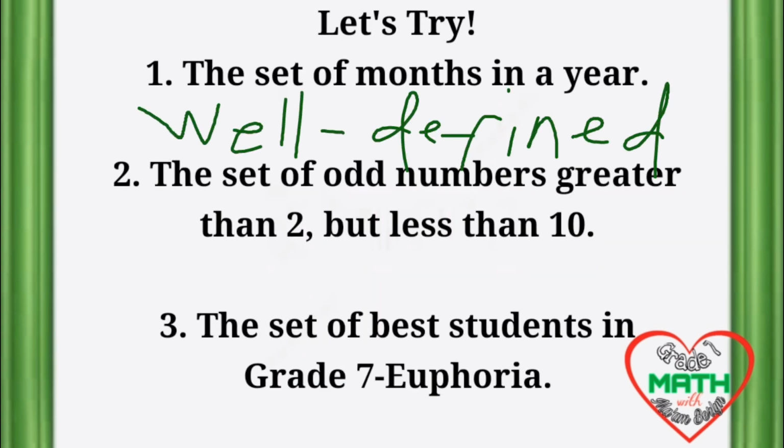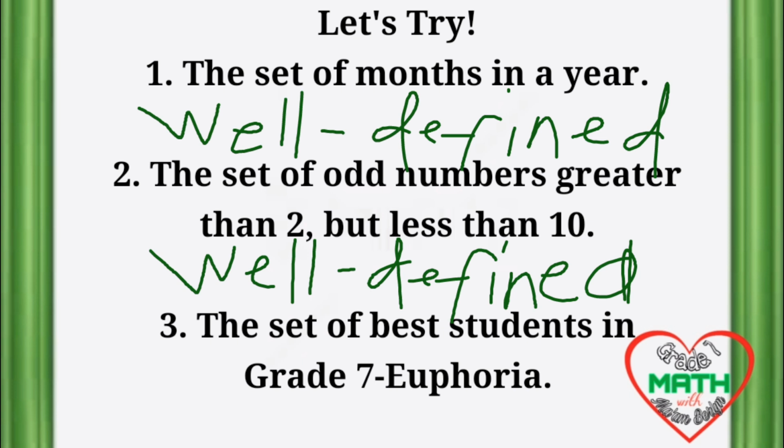The set of months in a year is well defined because it can be easily identified. We have 12 months in a year: January, February, March, April, May, June, July, August, September, October, November, and December.